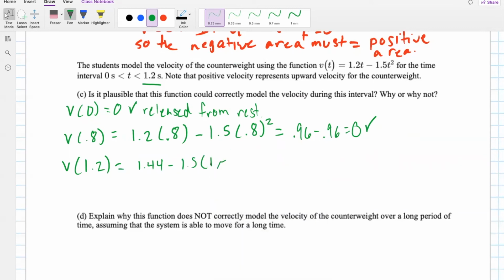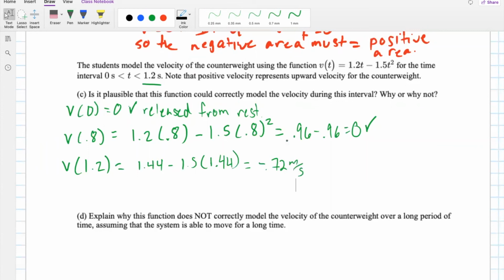Oops, sorry, my pen spazzed out. We get a velocity of negative 0.72 meters per second.